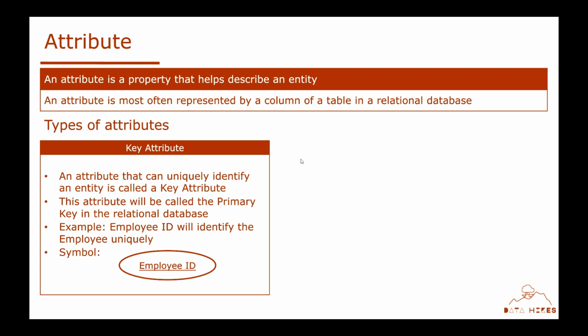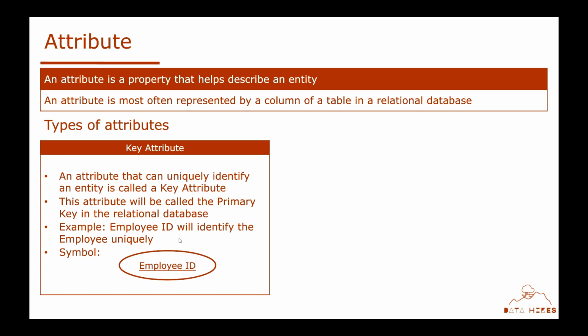Now let's look at a few types of attributes. The first is key attributes. An attribute that can uniquely identify an entity is called a key attribute. We kind of covered this when we looked at strong entities. This attribute will be called the primary key in the relational database. We'll learn more about the various keys that relational databases have, but for now, it's important to understand that the attribute that uniquely identifies an entity is the key attribute.